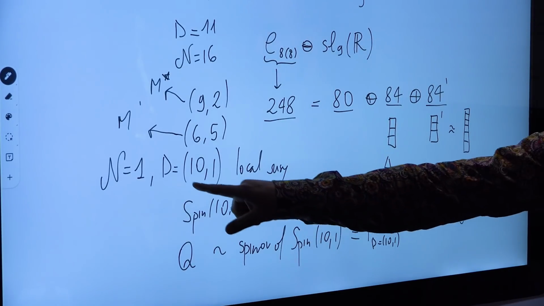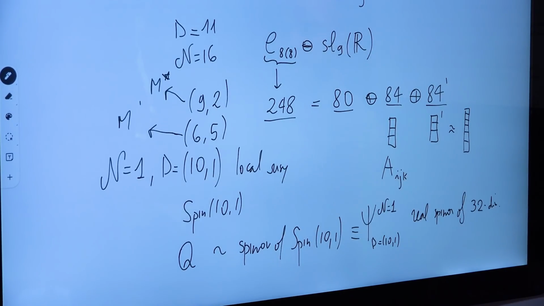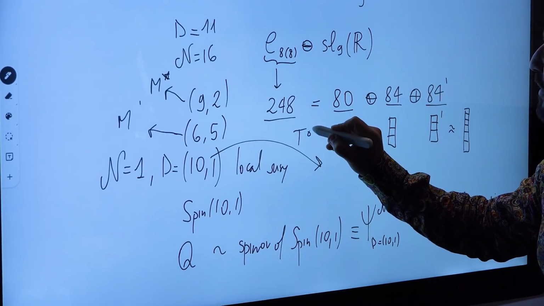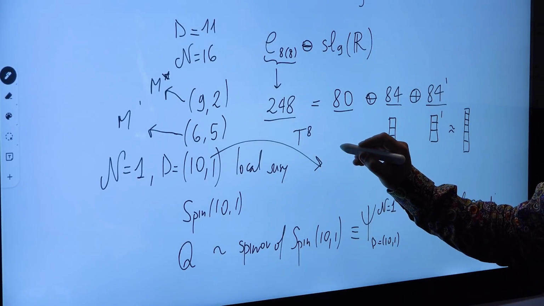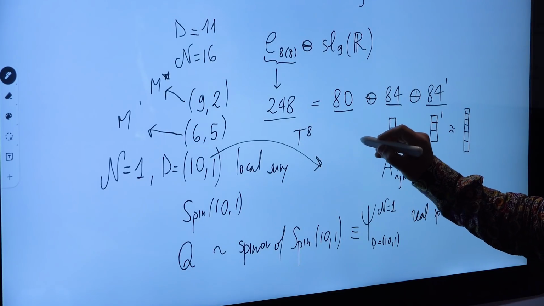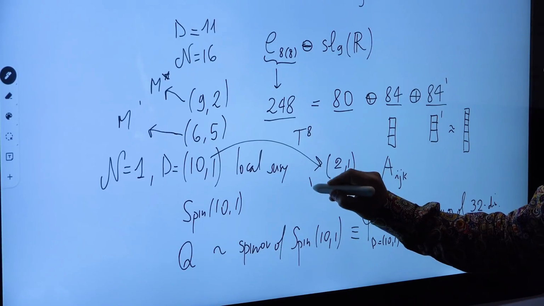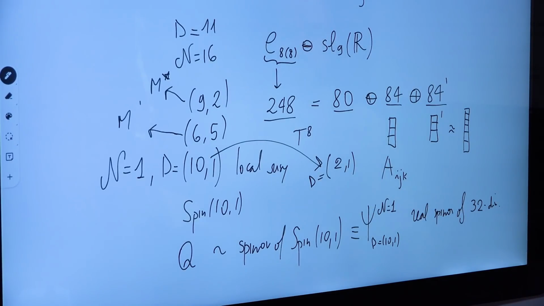What happens? We compactify from 10,1 dimensions over T^8, an 8-dimensional torus, and we end up with signature (2,1): 2 space and 1 time.